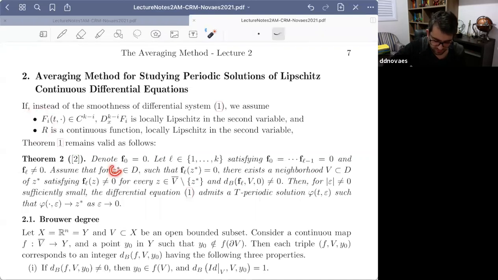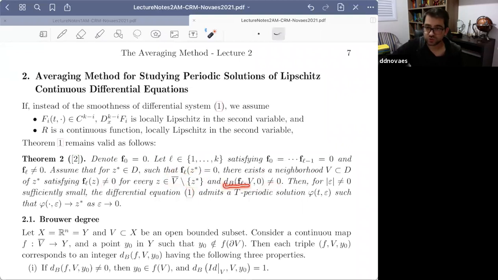Now assume that for z* in the domain such that f_L vanishes at z*, there exists a neighborhood V of z* satisfying that f_L is different from 0 for every z in the closure of V minus z*, and that the Brouwer degree of f_L, V, 0 is different from 0.